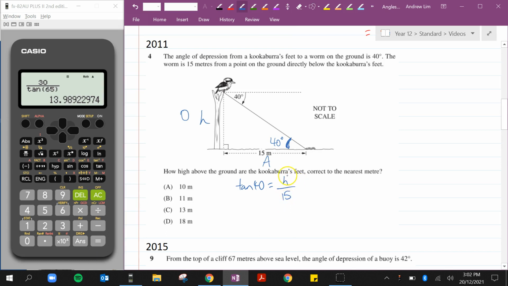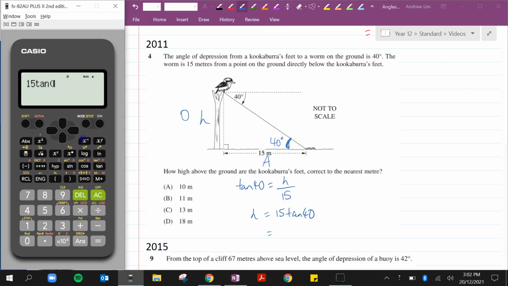Here we've got the pronumeral, or the unknown, in the numerator. In the denominator we've got an actual number, so I'm just going to move that actual number to the front. So h is equal to 15 tan 40, and we can put that in our calculator to get 12.59. To the nearest meter, that's 13 meters, so the answer is C.